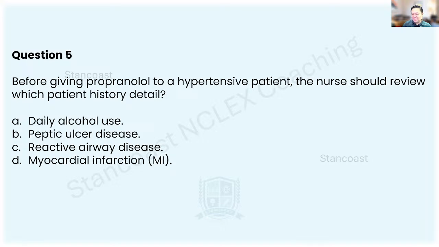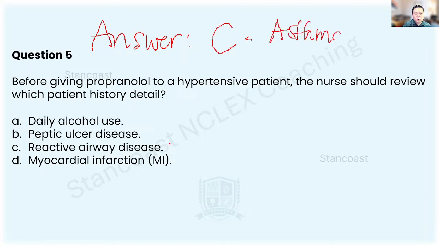Okay, I mentioned this earlier, but it was kind of subtle. The correct answer here, guys, is letter C, reactive airway disease. This is the newer term for asthma. We don't want to give propranolol, which is a non-selective beta blocker.